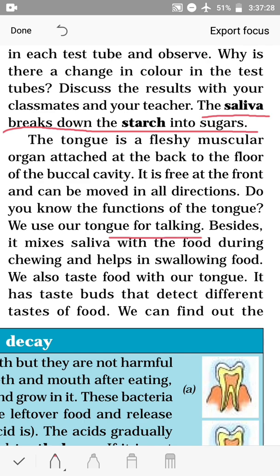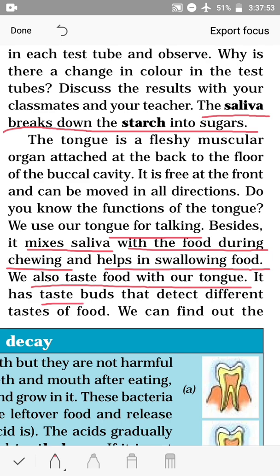Besides, it mixes saliva with the food during chewing and helps in swallowing food. We also taste food with our tongue. It has taste buds that detect different tastes of food.